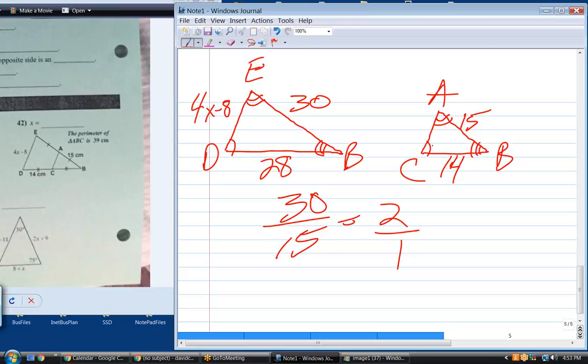What is this one over here? What's AC? If the similarity ratio big to small is 2 to 1, then what is AC in terms of x? 2x minus 4. Good.